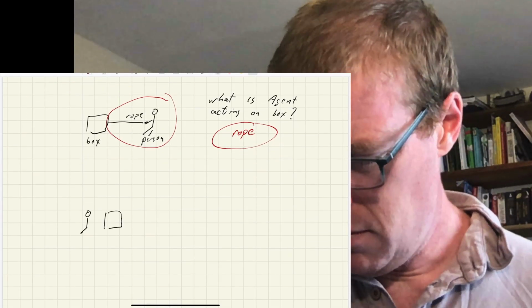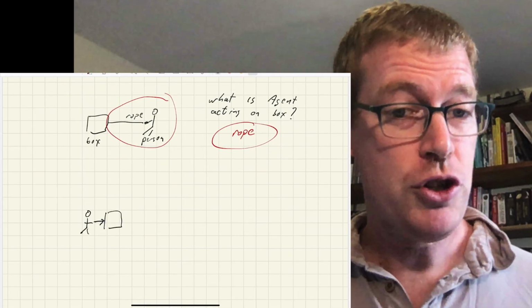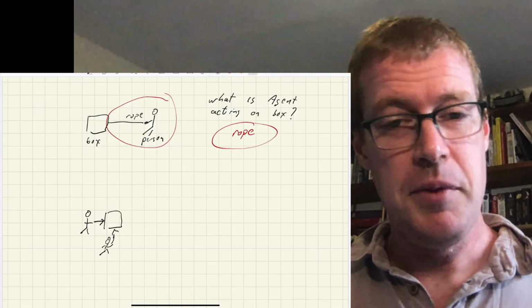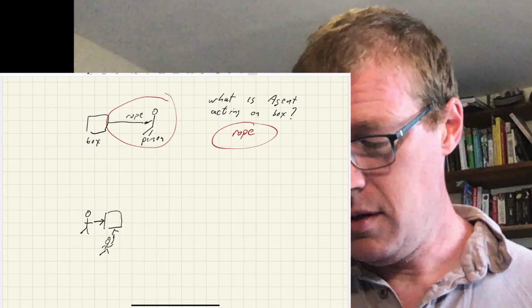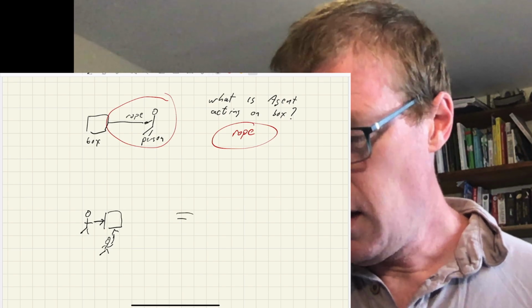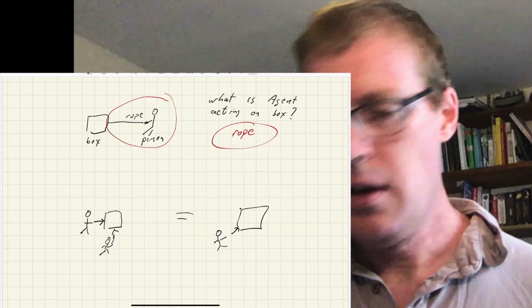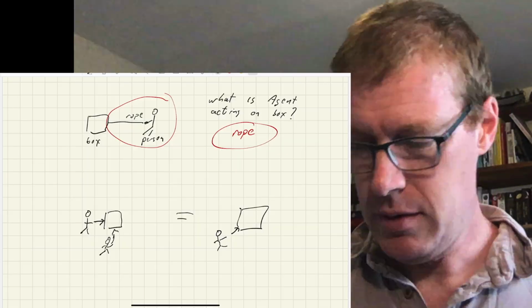If I push horizontally on a box, and someone else pushes vertically on the box, that's going to be completely equivalent to someone pushing diagonally on the box.